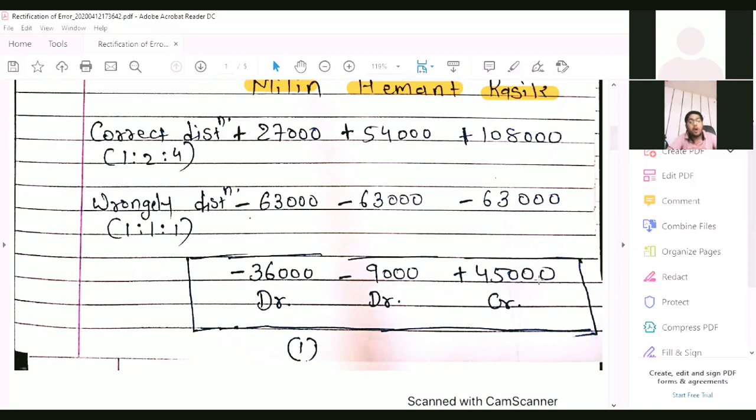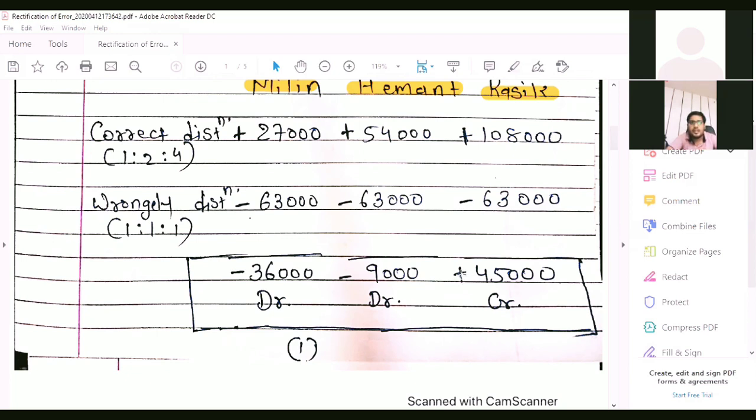Now, how to make the journal entry in capital account? Try to understand. As we have studied in 11th, capital always has a credit balance. So if there is increasing capital, it is credited. If there is decreasing capital, it is debited. Now increasing means this plus sign.